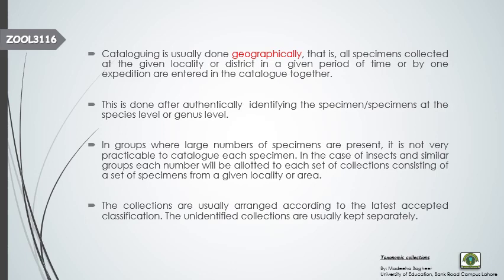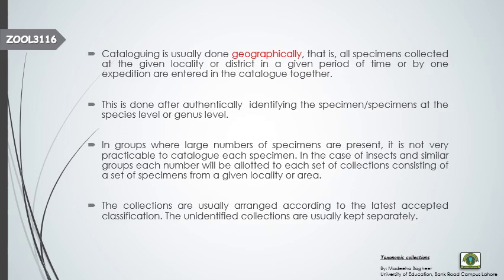In the previous slide I talked about how we can catalog specimens on the basis of their groups. Higher vertebrates are cataloged separately. A catalog number or accession number would be given to each specimen, but in the case of small specimens, it is not practicable to give a particular number to every specimen.